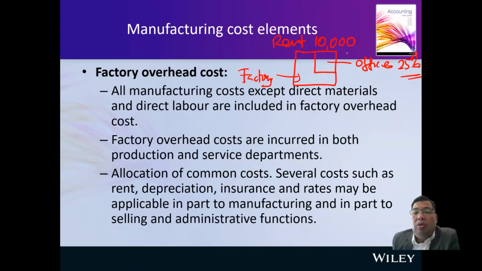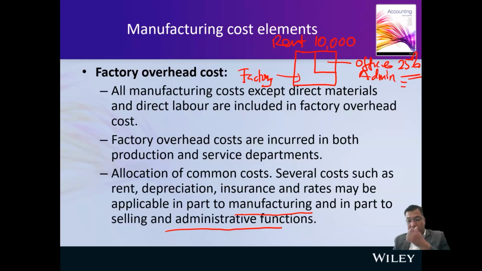Am I right? So 2,500 will be your administration part, and another 75%, or 7,500, can be classified as manufacturing. This is the factory or manufacturing, and this is more on admin at 25%. So we can break the cost into administrative and manufacturing functions.